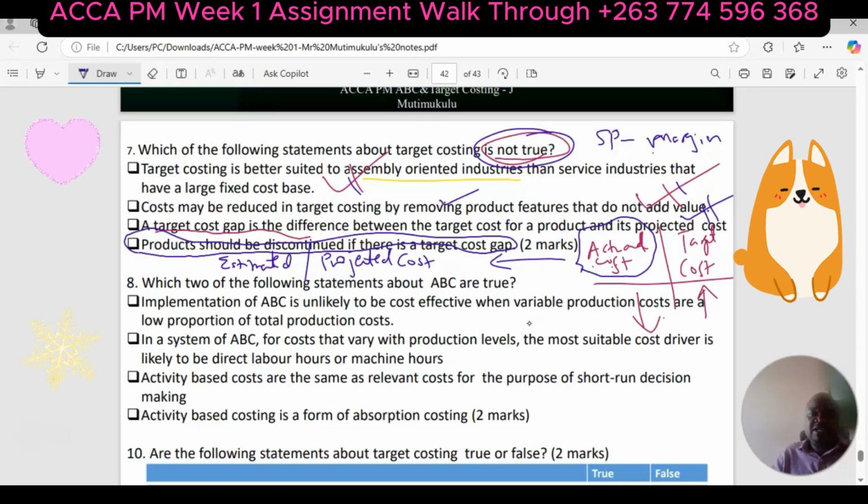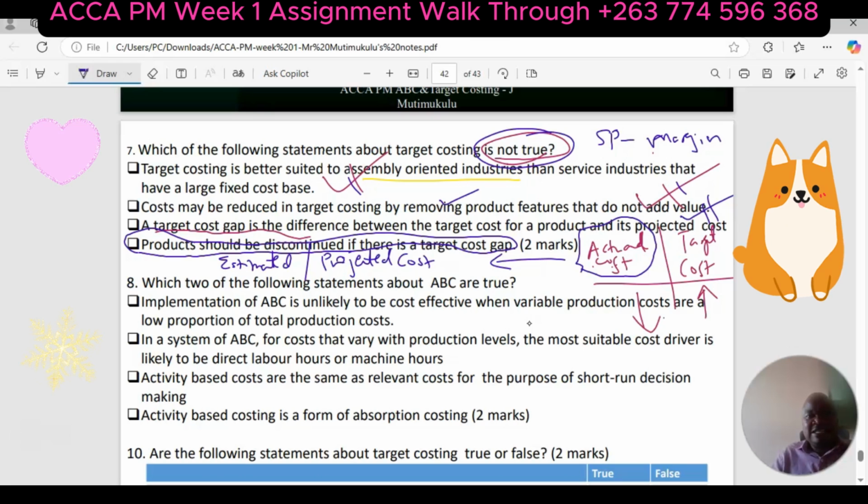Management can do something. If there is a target cost gap, they'll find ways of reducing the estimated costs. One thing you need to bear in mind is that a target cost gap only exists if the estimated or projected costs are greater than the target cost.